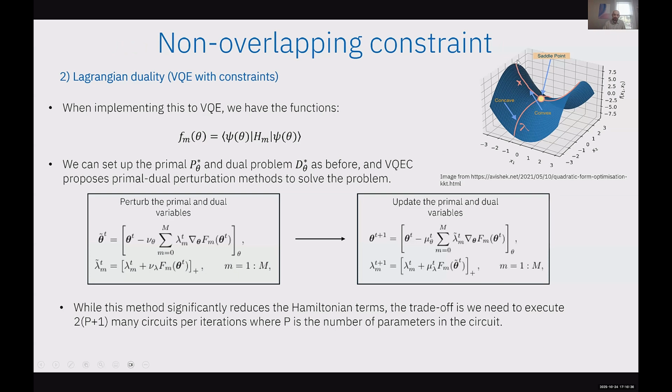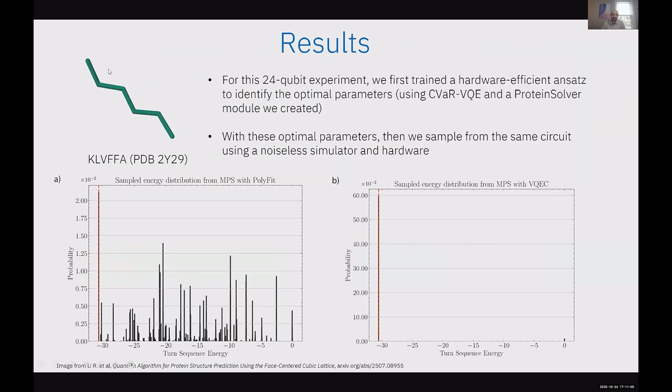You can think of it as we have this energy landscape for the protein, and we're trying to find a global minimum, and the perturbation of the parameters determines which direction we're going to go. So we keep perturbing along the direction of the gradient of the function until we reach this global minimum. Sometimes it can get stuck in local minima, and that's why you actually see those noisy, unwanted configurations.